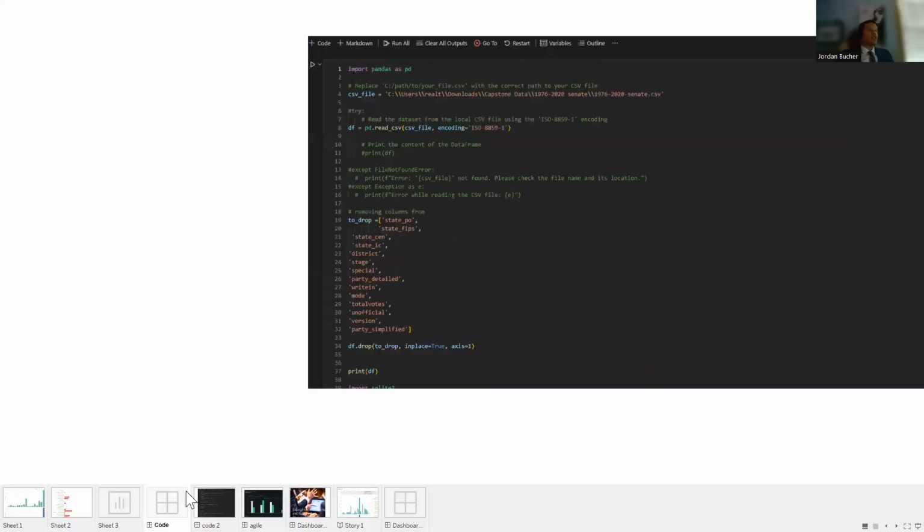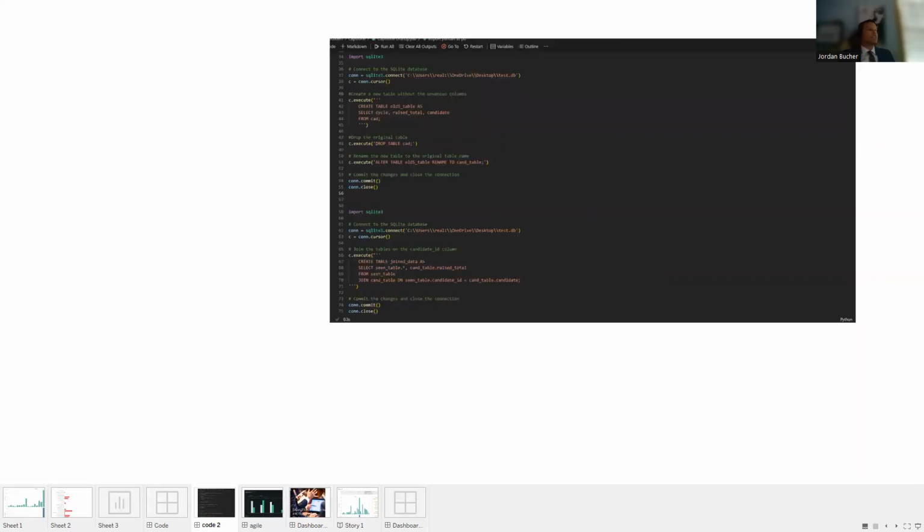I felt like using Pandas in the data frame was too much unnecessary code versus just using the quicker method with SQL and just creating the tables like I needed them with the headers and then just joining them together.